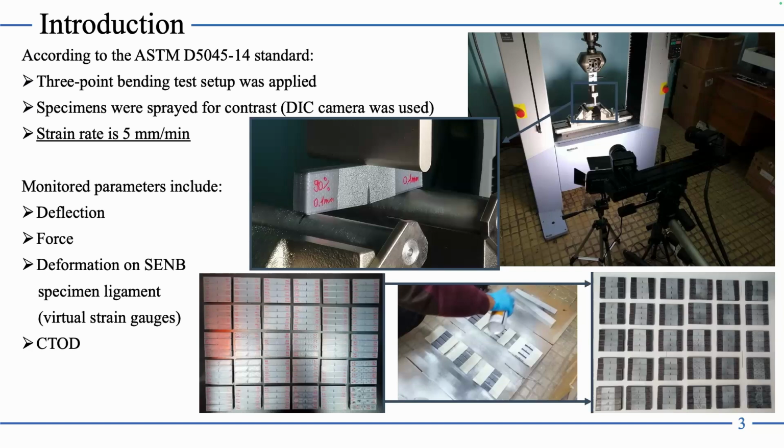The strain rate was 5 millimeters per minute, as suggested by the standard. So we monitored the deflection, force, and deformation of this front surface of the specimen, and the CTOD data was also applied. This was all conducted on a 3-point bending rig.